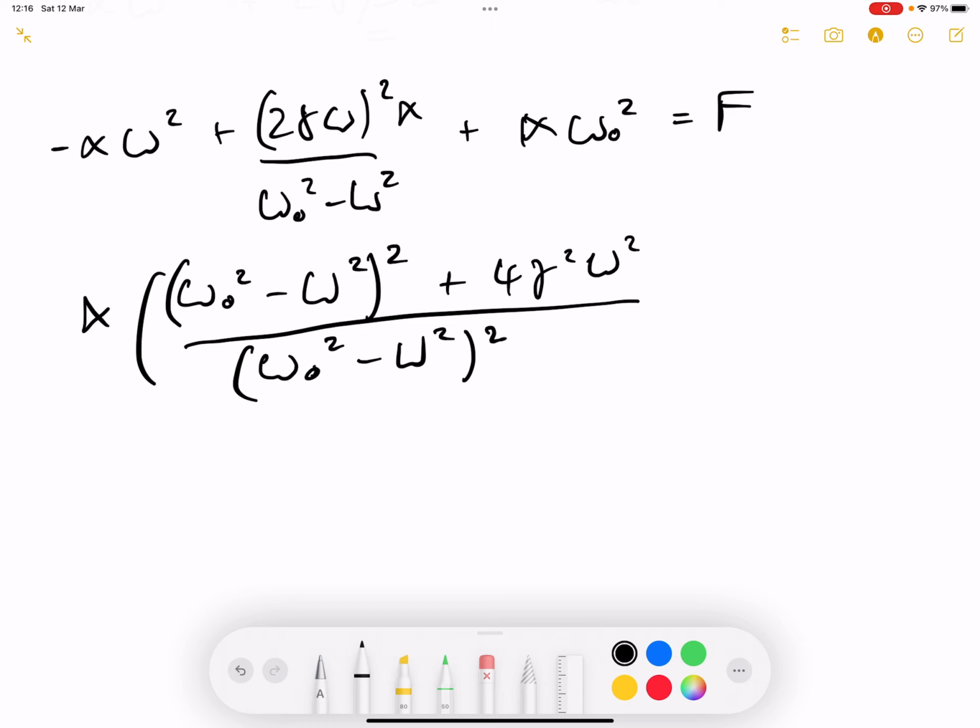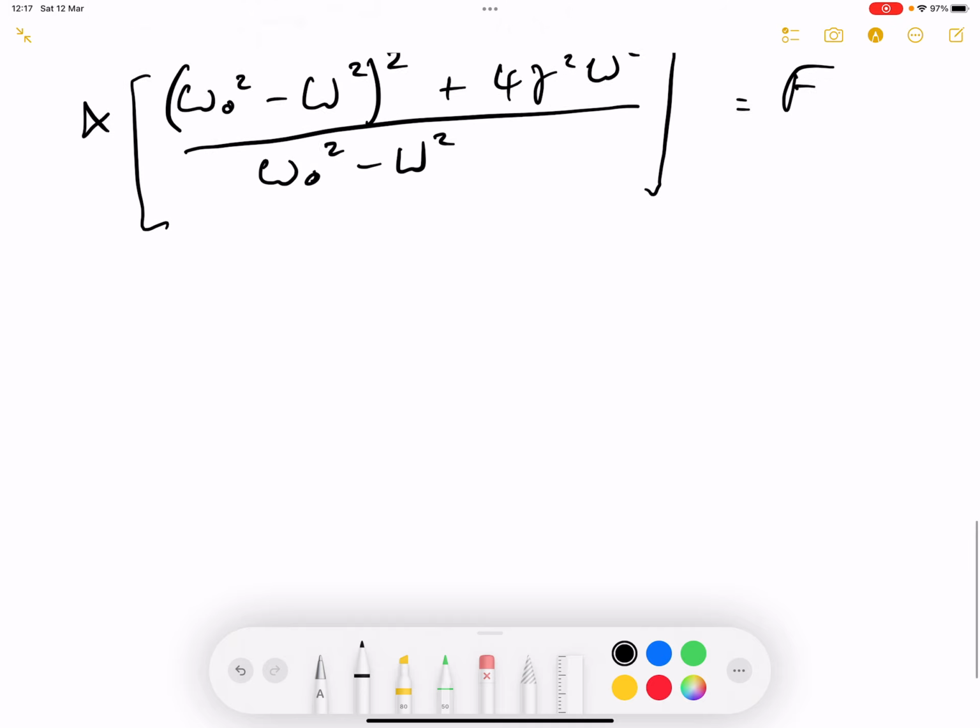Let's do some square brackets, because otherwise this is going to get very complicated.